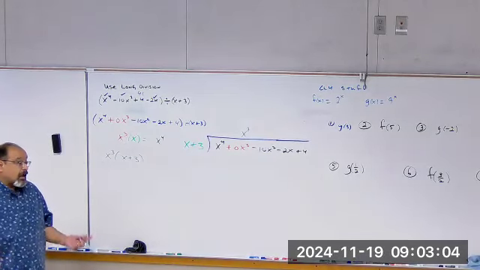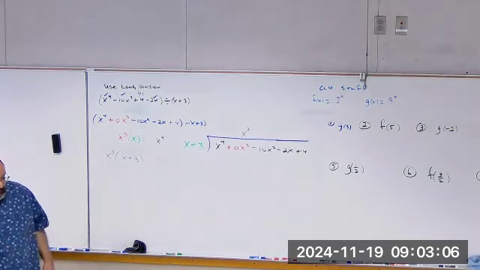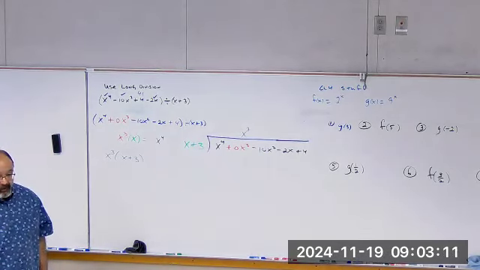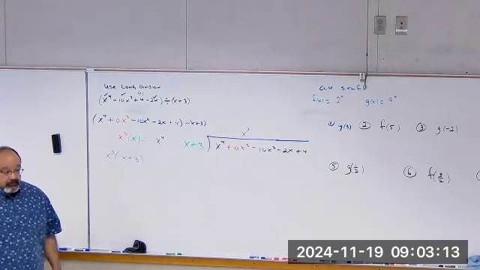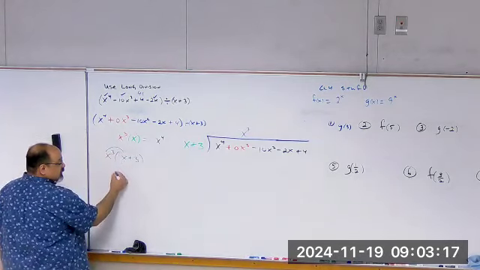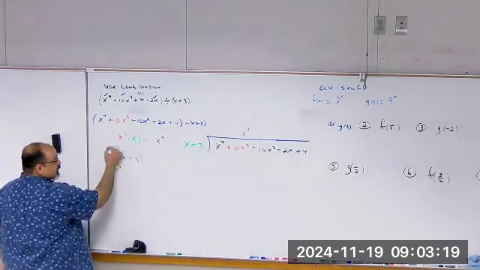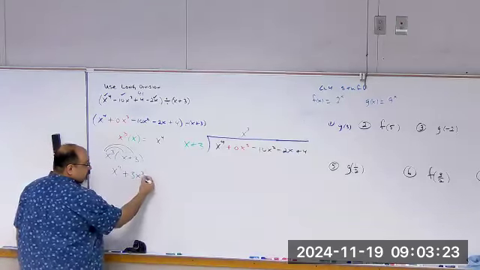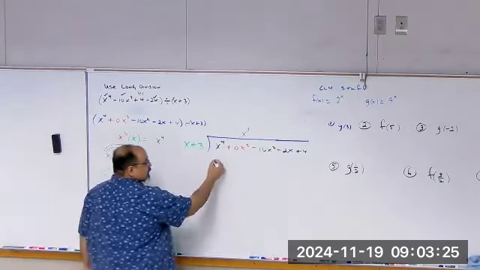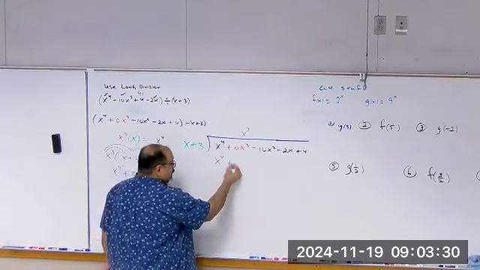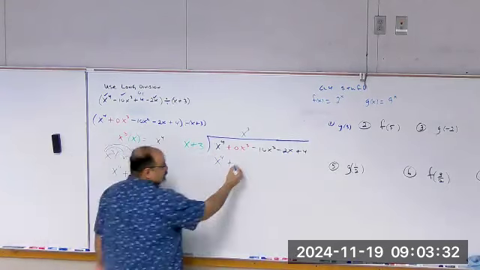Long division, algorithm. Algorithm is that, what do I do? What's the recipe? What's the churning going to happen? I pick x to the third. Now, what do I do? I turn the crank, and what happens? We distribute x to the third times x to the fourth, x to the third times 3, 3x to the third. So I'm going to get x to the fourth, and it needs to go right here. And then I get 3x to the third.